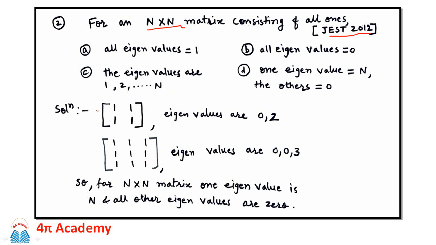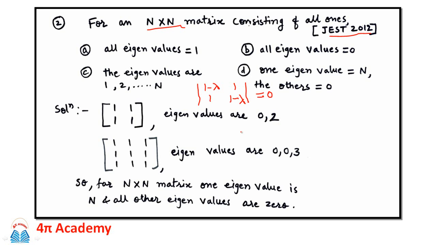So let us take an example of a 2 by 2 matrix, an n by n matrix consisting of all ones, so all the elements are equal to 1. If we take the 2 by 2 matrix like this, then the characteristic equation, A minus lambda I, will be equal to the determinant of this: 1 minus lambda, 1, 1, and again 1 minus lambda, and this should be equal to 0.